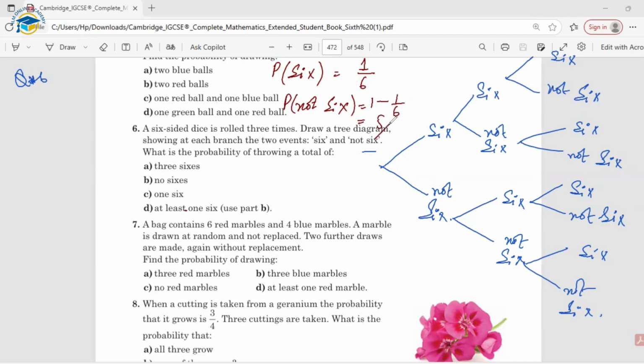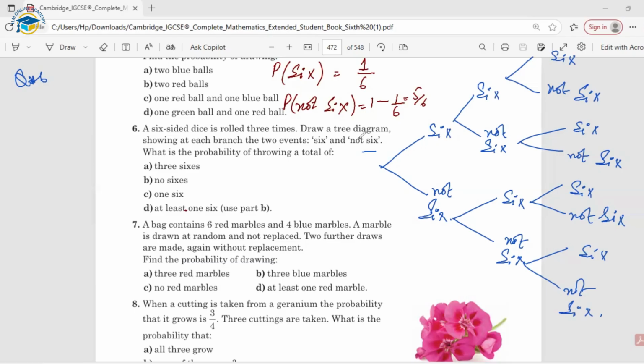So this will be 5 over 6, right? Because we must know the probability of getting 6 or not 6. If we have one probability and we want to find out the probability of that event not happening, you need to simply subtract it from 1, because your total probability is 1.